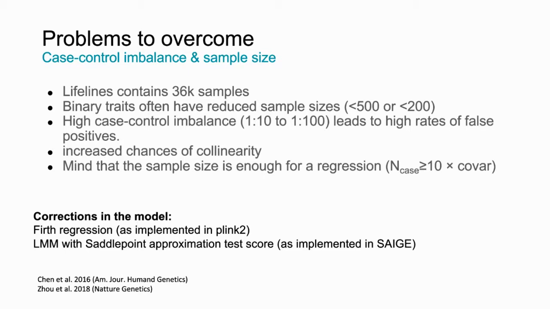There is Firth regression, which is going to weight the high estimates of the coefficients, so it's going to make the effect less extreme. And some of the linear mixed models also include score tests that will take into account the case control imbalance and will very much remove this problem. So the main software that we're using now does that, so that's good.